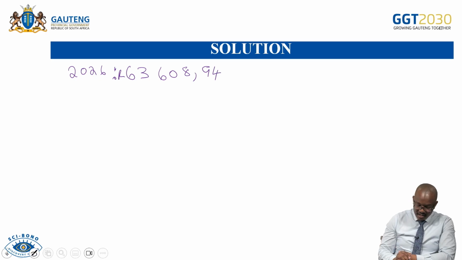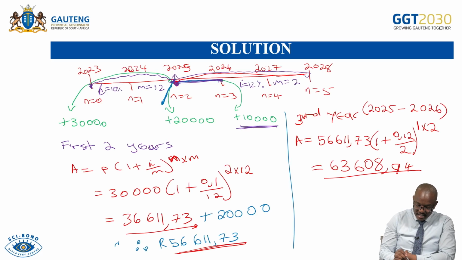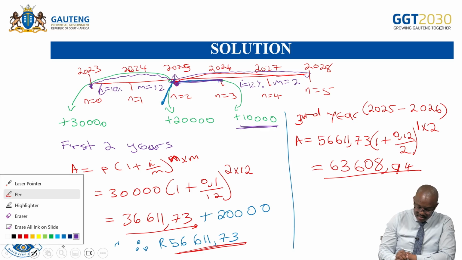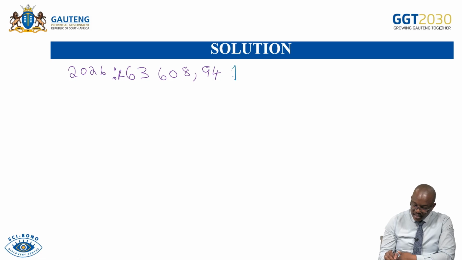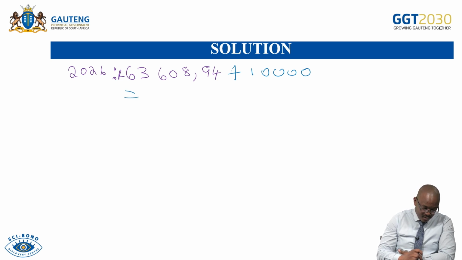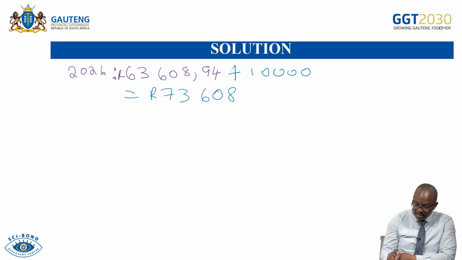Then from there, we still have to add our 10,000. I hope it makes sense there. We're going to add 10,000 to this amount, and as we add 10,000, it will now be 73,608.94.